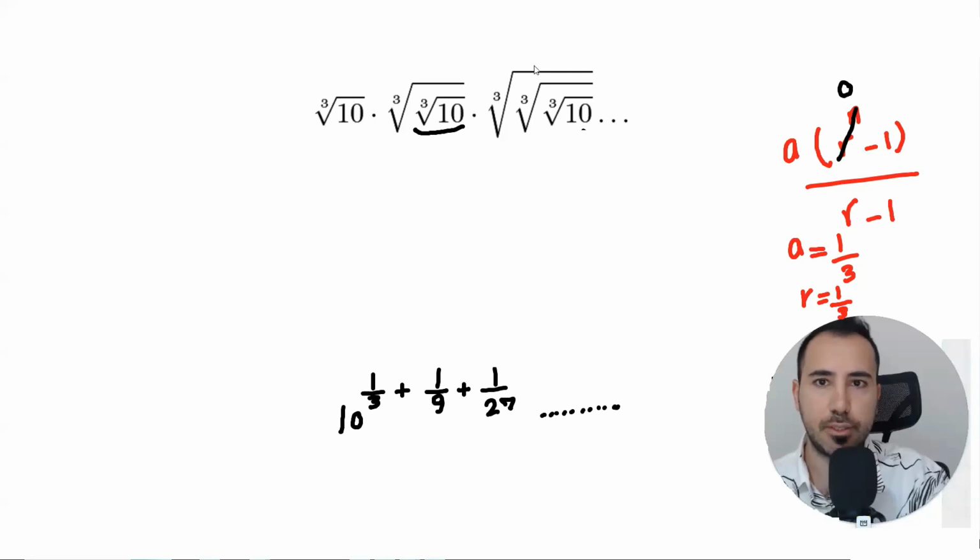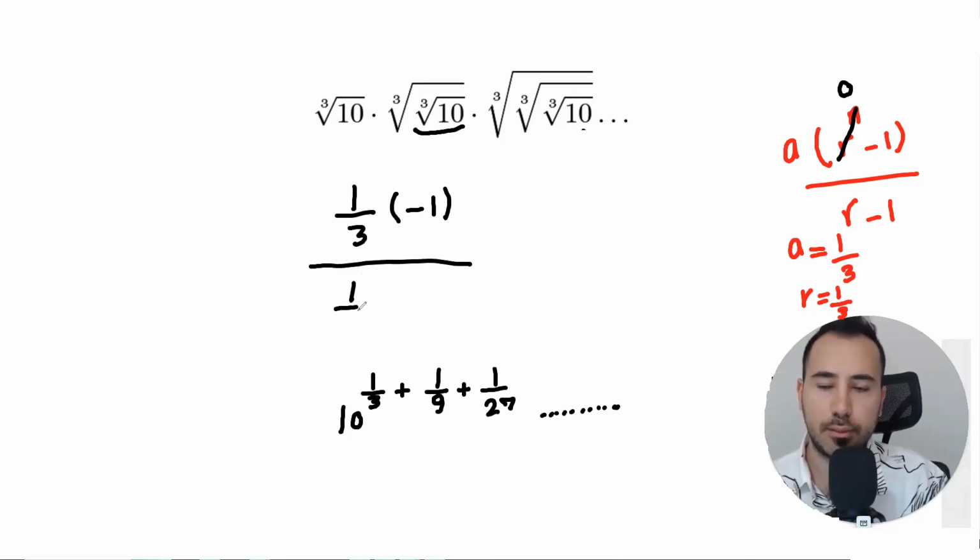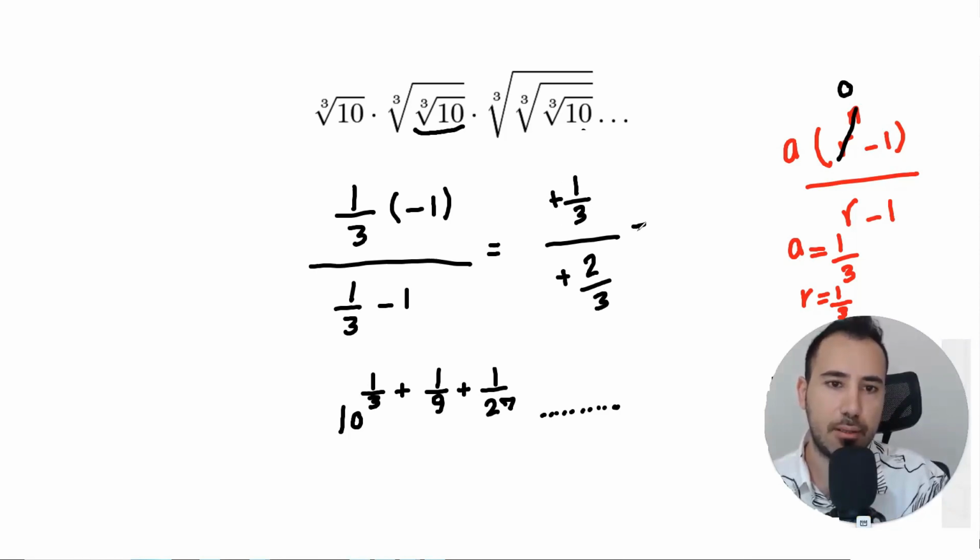So we're going to get A was 1 over 3 multiplied by just a -1. R was also 1 over 3, minus 1. So it's going to be -1 over 3 over -2 over 3. So the negatives will be canceled, and these also will be canceled.